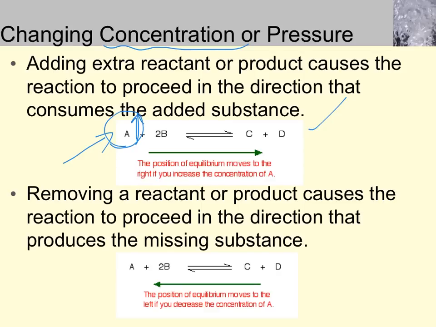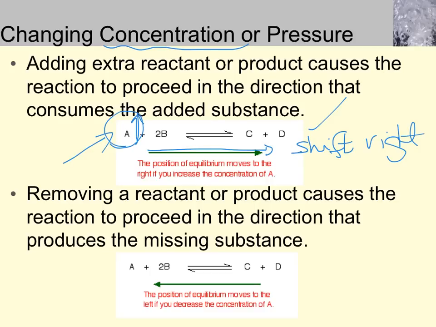The only thing it can do to use it up is to shift to the right. And that's exactly what it'll do, and that's what you say. If extra reactant is added, the reaction will shift to the right to consume it and reestablish equilibrium.